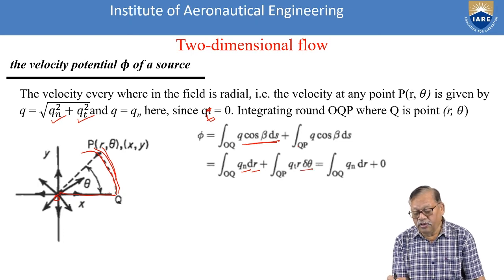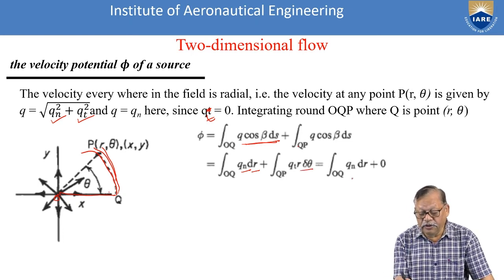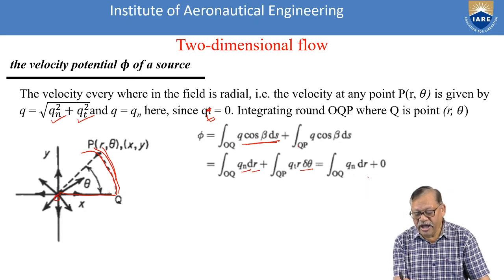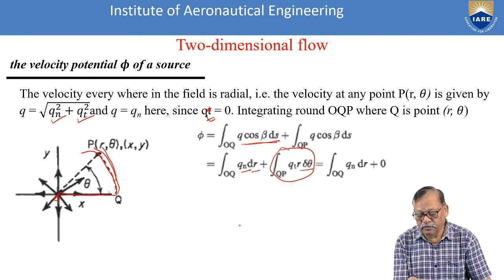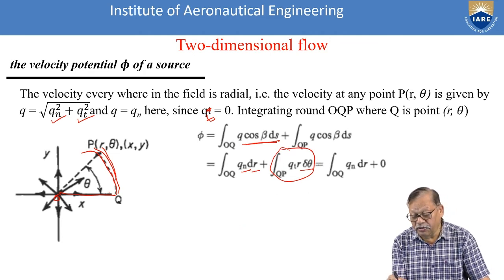So with this, we get qn into dr, plus this component will vanish because there is no tangential flow, so the whole term becomes 0.